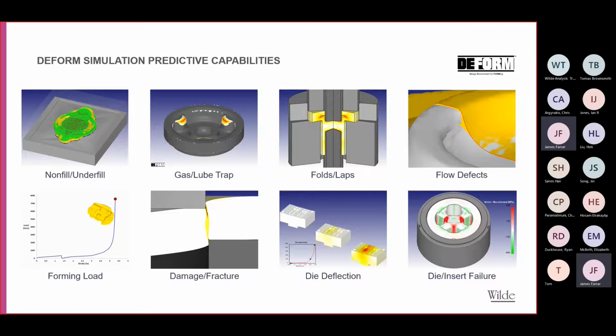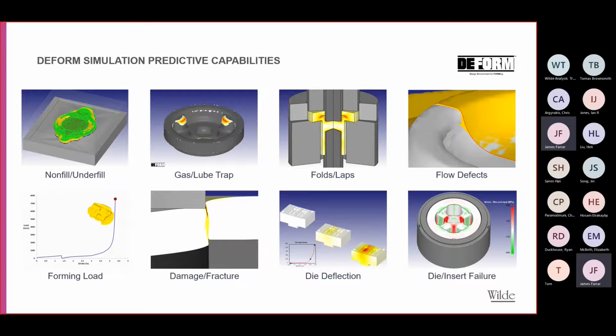Also, very typically, we want to understand forming loads in the process to see whether it will work on a particular machine with a given set of process equipment that you might have at your disposal. So understanding those loads is quite important to designing the processes. In other applications, we might want to understand whether we're going to get any damage or fracture in the material.